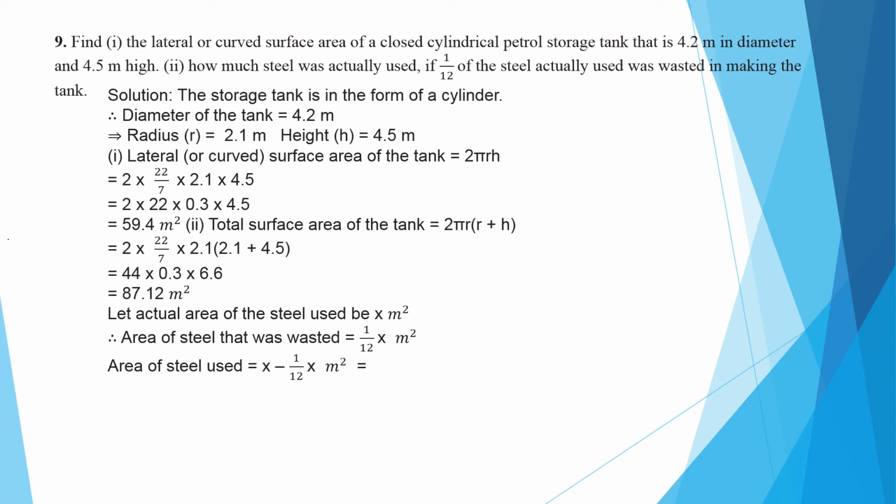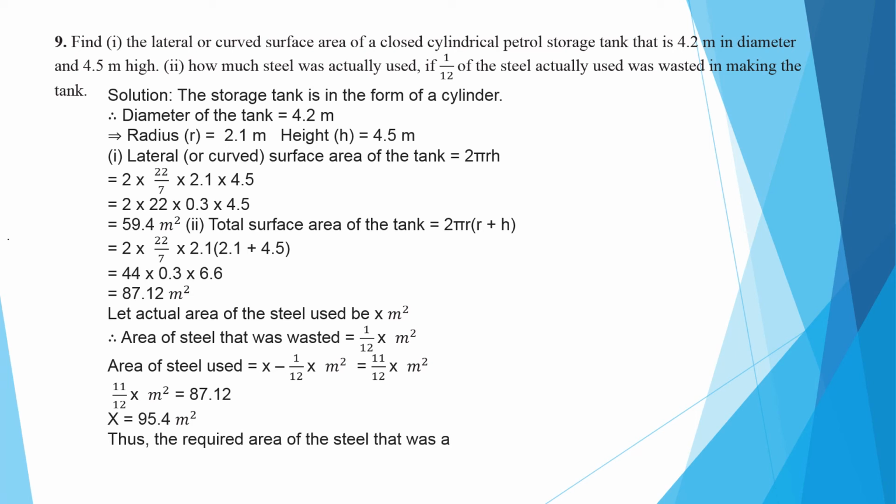So how much used? Total minus the wastage. So x minus 1 by 12 of x meter square, that is 11 by 12 x meter square. So 11 by 12 x meter square is equal to 87.12. On cross multiplying, we are getting x is equal to 95.04 meter square. This much area of the steel is used.